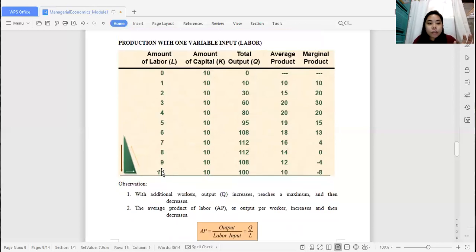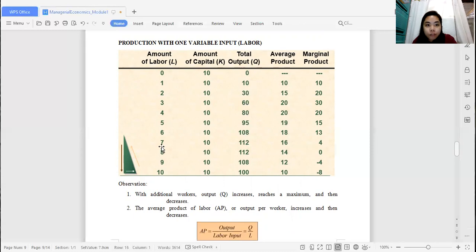So we have here an observation. With additional workers, output Q increases, reaches a maximum, and then decreases. So let's look at our total output. What is its maximum? We have here 112 as the maximum total output produced at what level of labor.